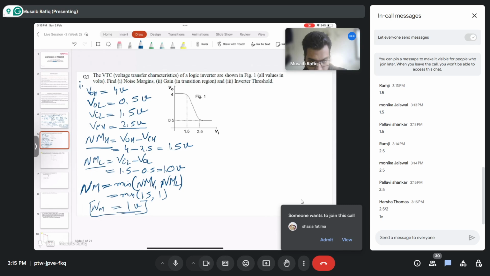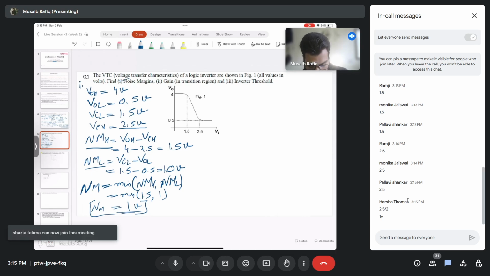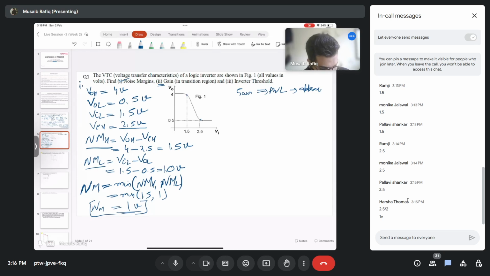Now part 2 asks us to find the gain in the transition region, that is this region. So to find the gain in the transition region, we will use piecewise linear approximation. We will mark this point and this point, and we will have gain like this.